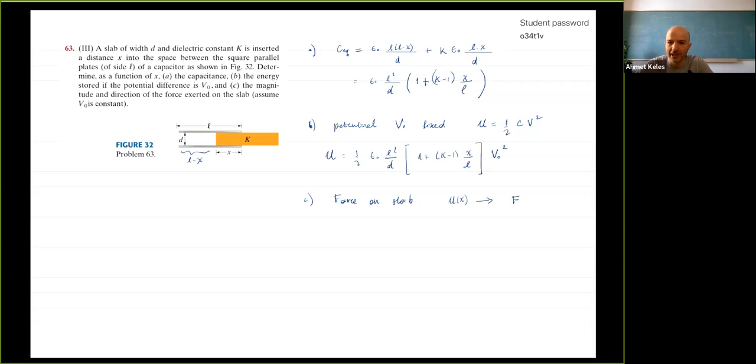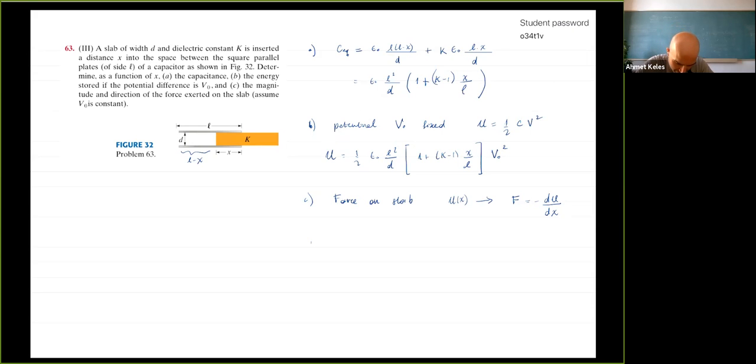Exactly, right? Thank you. It's minus dU dx. Can we use this? Any objections to using this formula? Of course we can use it, and I will use it here.